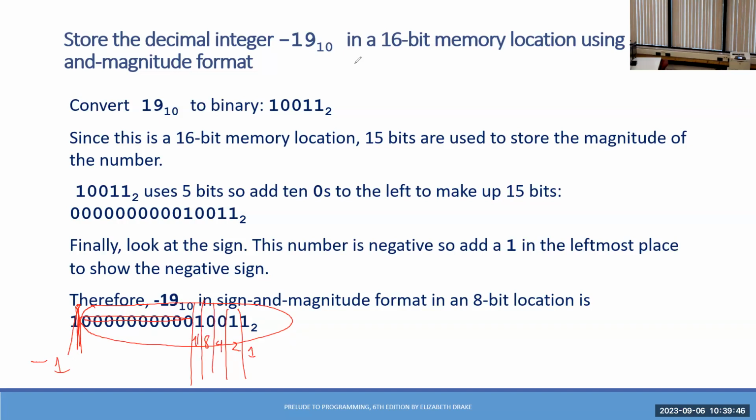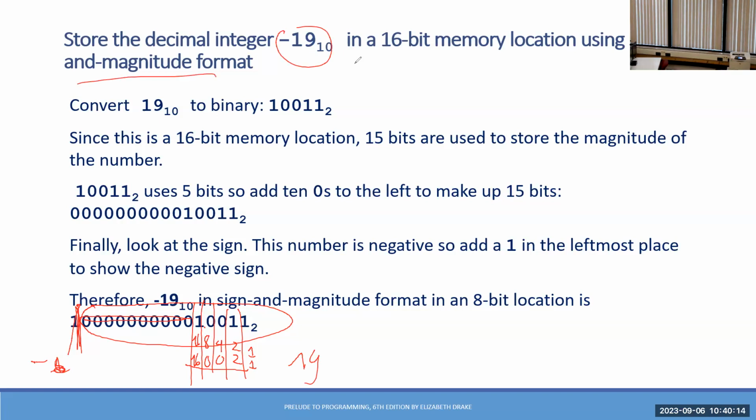This one, number 16. 0 here, 0, 0 here, 0. This one I have 16 here. This one I have 2 here. This one I have 1 here. And when you add them together, I have 19. And I have negative here. That's why I have negative 19 here. Make sense? Okay? That's the way you convert it using the sign and magnitude format.